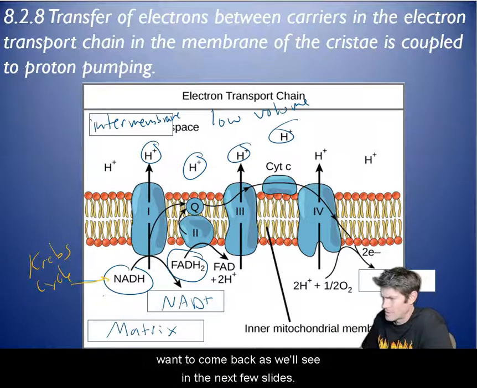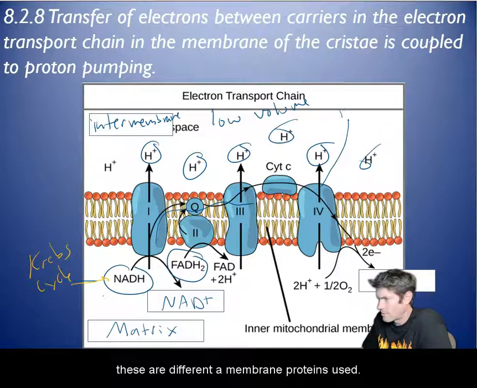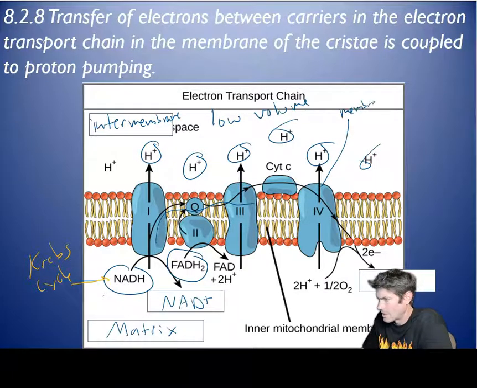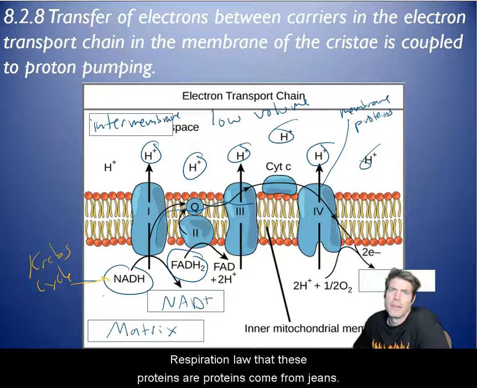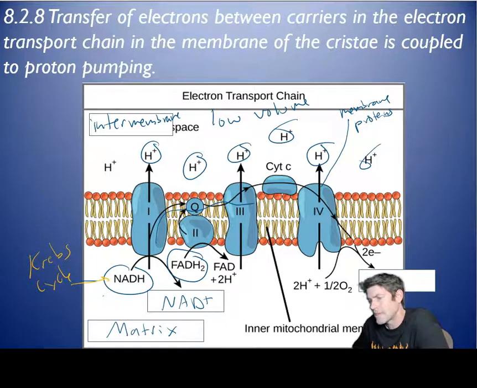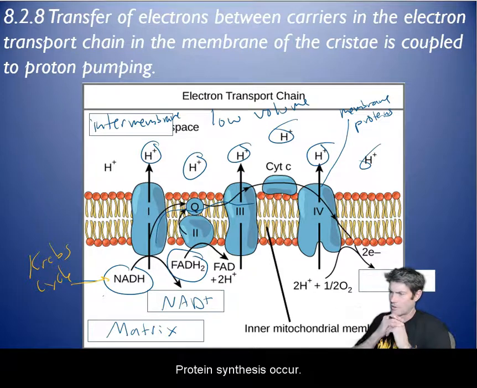next few slides. And these electrons just get passed through these membranes. These are different membrane proteins used in respiration. A lot of these proteins, remember, proteins come from genes, specific genes in the DNA, and you have protein synthesis occurring.